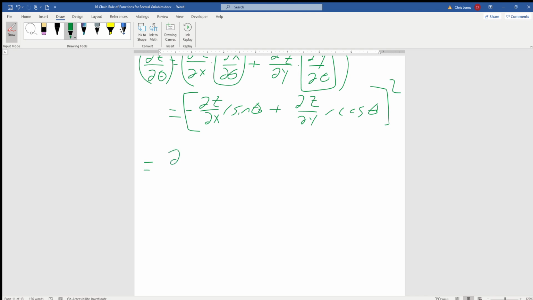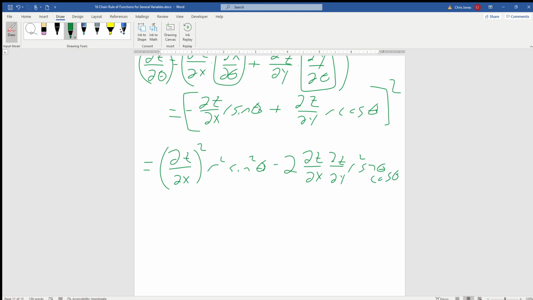So that's going to be partial z partial x squared r squared sine square theta. We're going to double the product, so that's going to be minus 2 partial z partial x partial z partial y. We have r times r, which is r squared, and then we have sine theta cos theta.